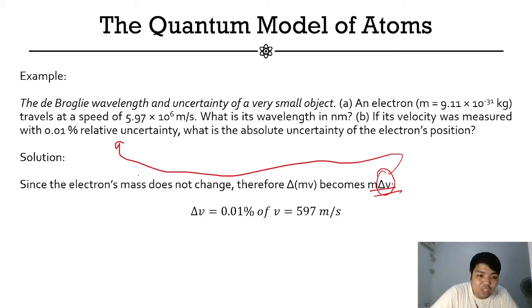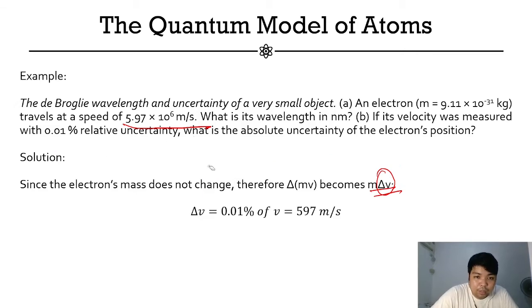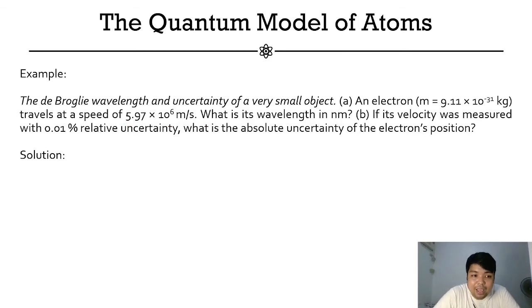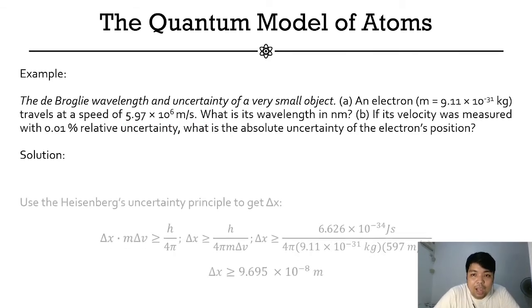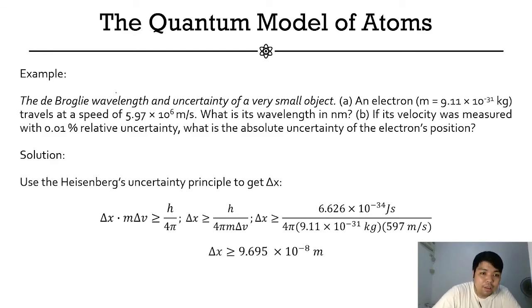How do we get the uncertainty in velocity? We just get 0.1% of our velocity here, since we have a 0.1% relative uncertainty, and that is equal to 597 meters per second. So we plug that into our Heisenberg's uncertainty principle, since what we're getting is delta x here, which is the absolute uncertainty of the electron's position.